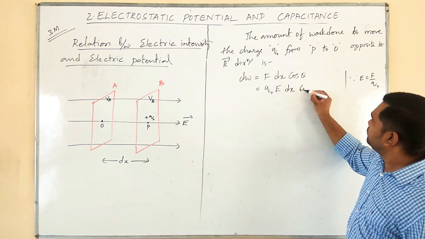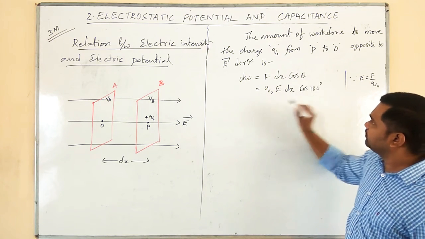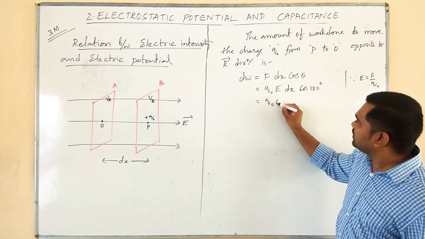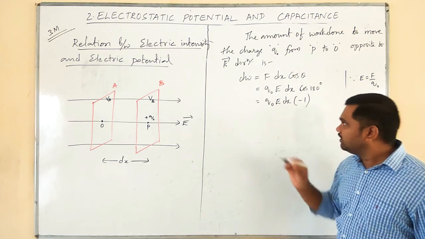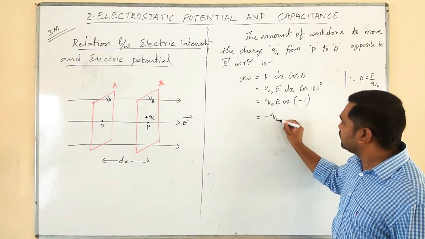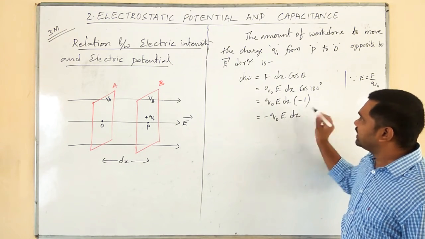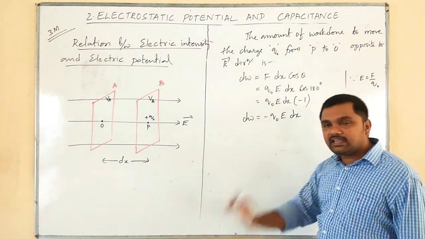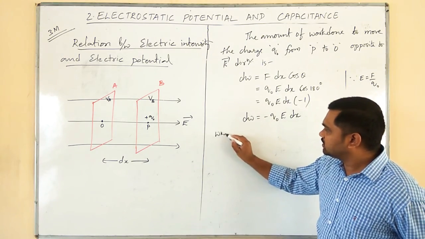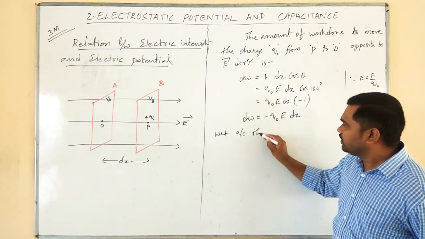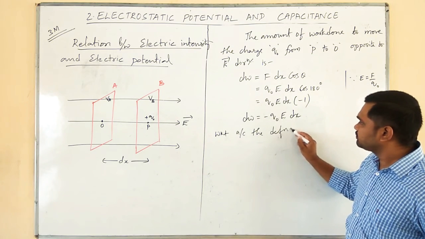Therefore cos 180 degree. This is Q naught E dx cos 180, which is minus 1. Therefore it is minus Q naught E dx. This is dW.